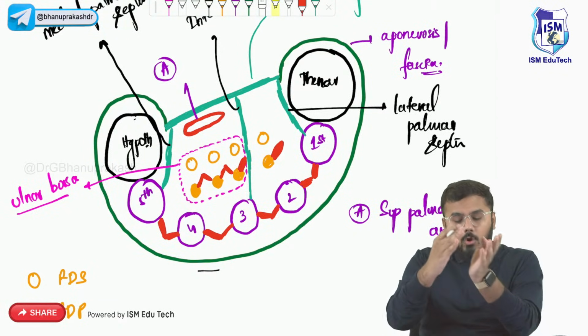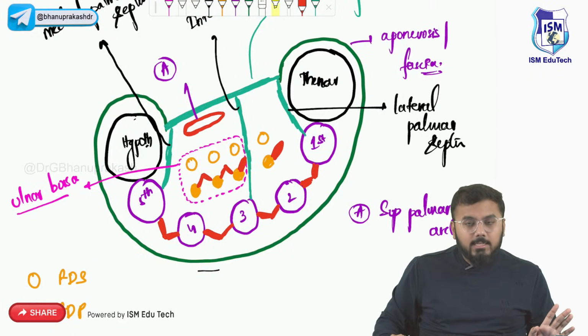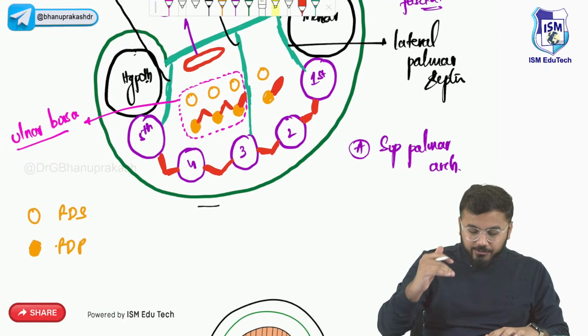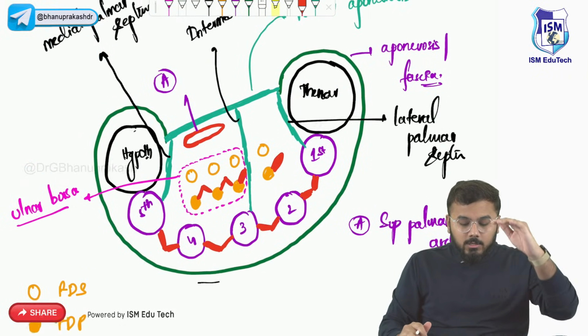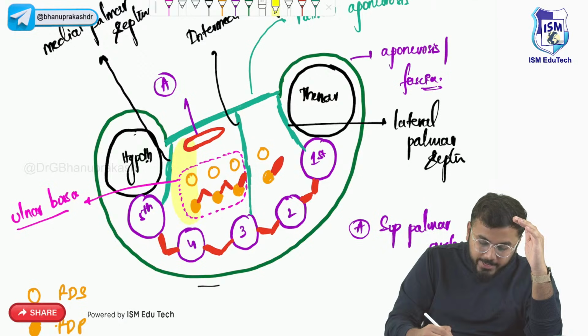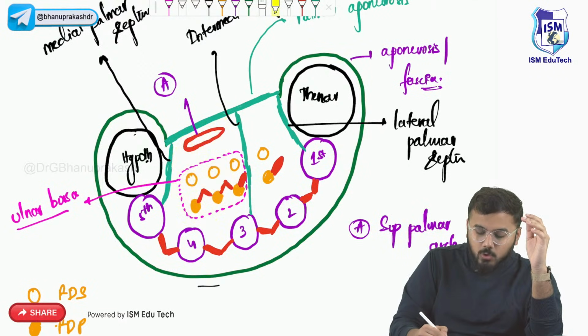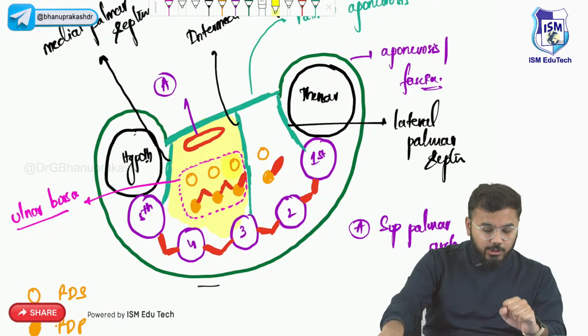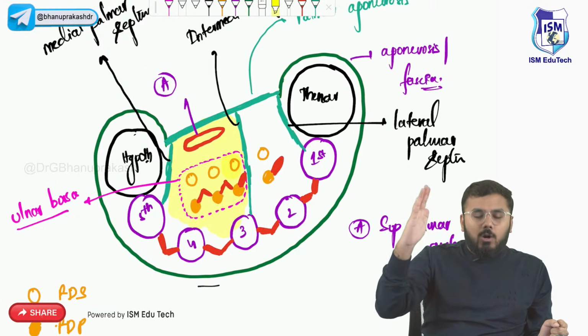Done. Now look onto the other side. Here, let us come from superficial to deep. What is this space? This space which I have just told you is called the mid-palmar space. If I ask you from superficial to deep, what are the structures?